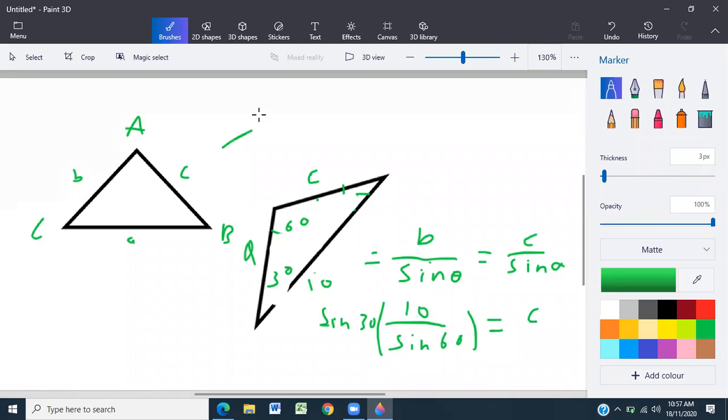This would give you the sine rule as a over sine of big A, where big A just represents the angle here, and that's equal to little b over sine B, the angle. So you can see it in all sorts of different forms, but that's generally what the rule states, and it allows you to find sides and angles in triangles that aren't 90.